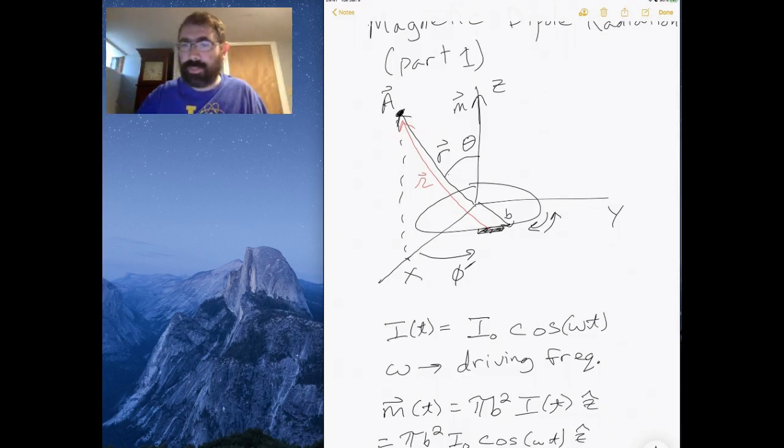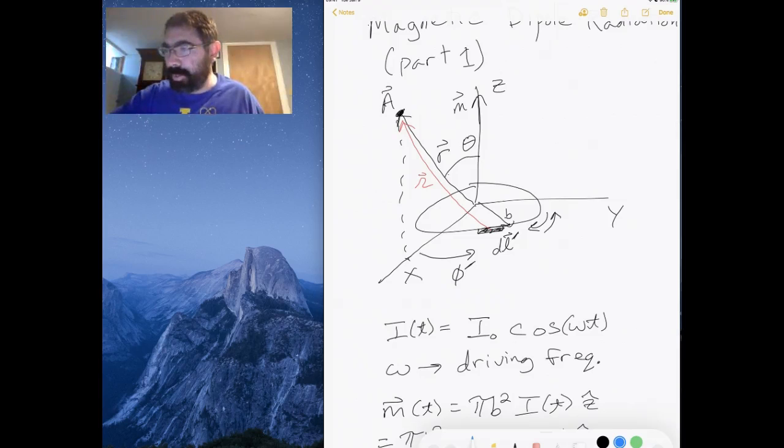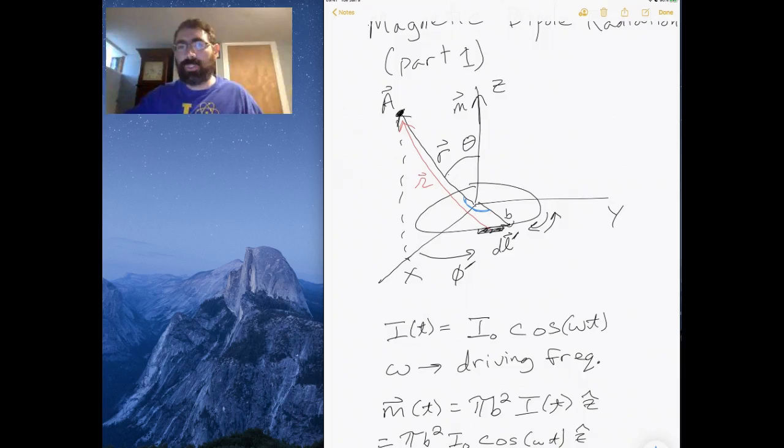The length of this current element is dl prime, primed because it is associated with the current element. And last but not least, there is an angle, psi, which I'll draw in blue, between the radius of the loop and our position vector. So that's the angle psi.